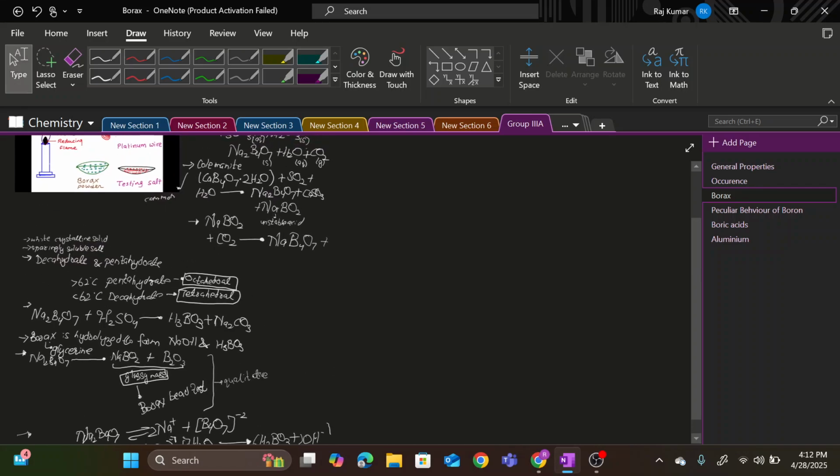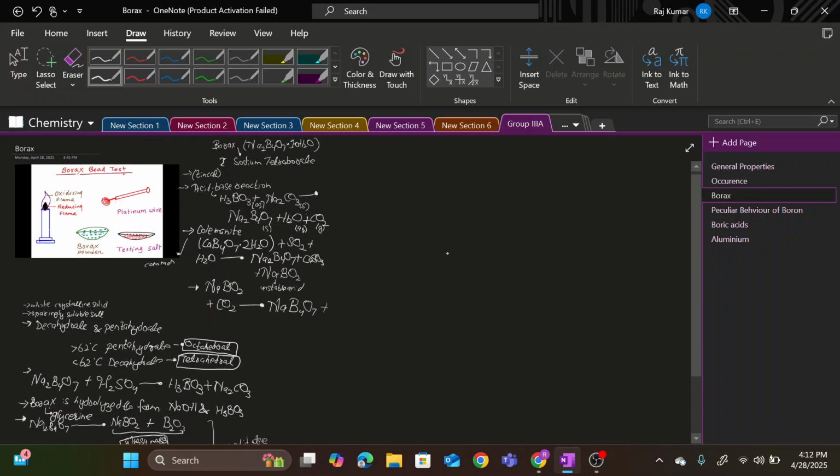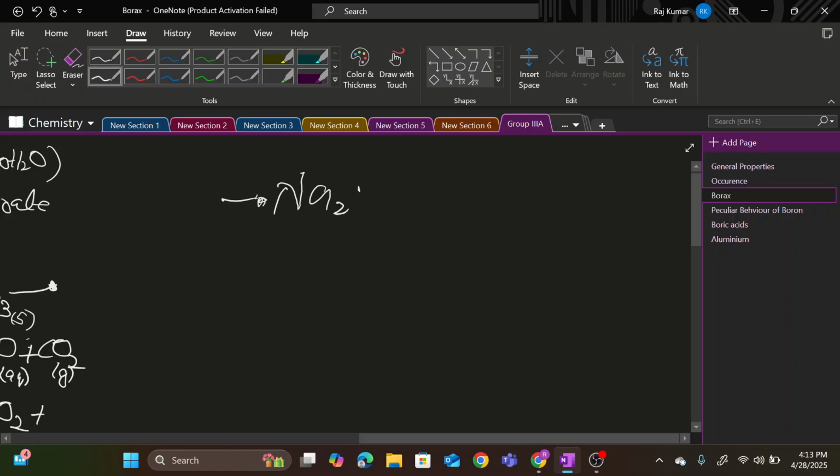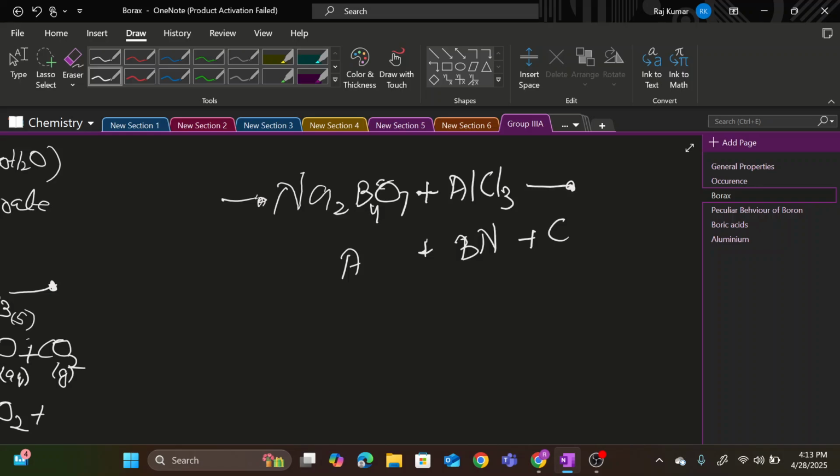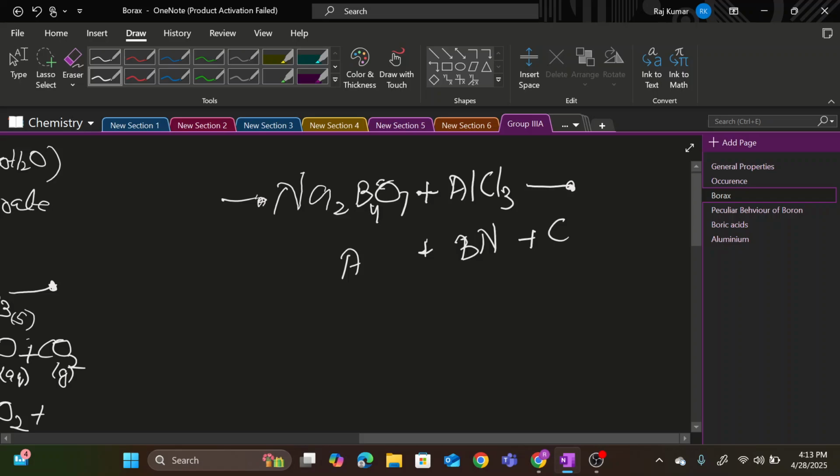All right. And then there is another important thing, that when the mixture of borax and aluminum chloride is fused, it produces boron nitride as the main product.